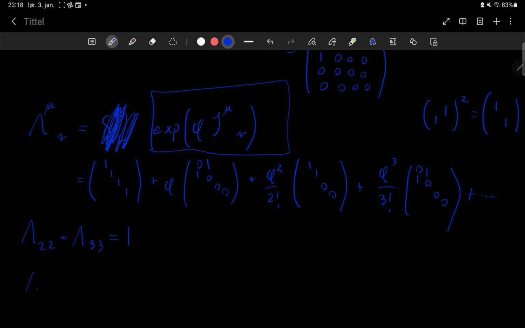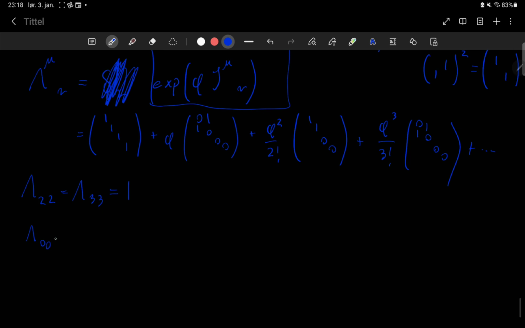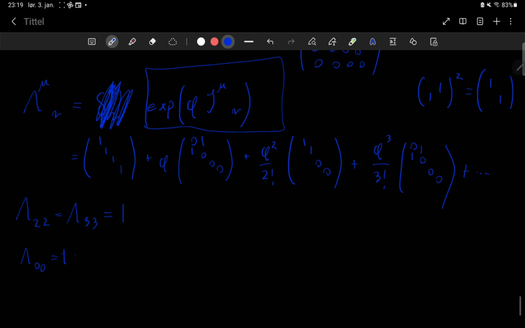So let's look at the 0, 0 component. It is 1 plus phi squared over 2 factorial plus phi to the 4th over 4 factorial plus... sorry, we only get the even ones, my bad.